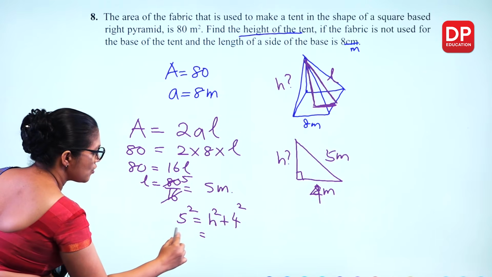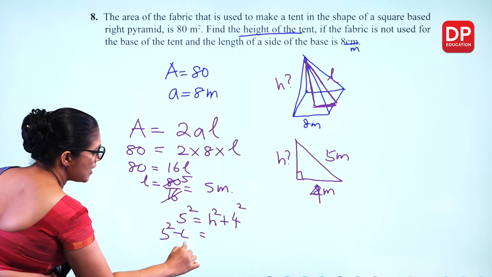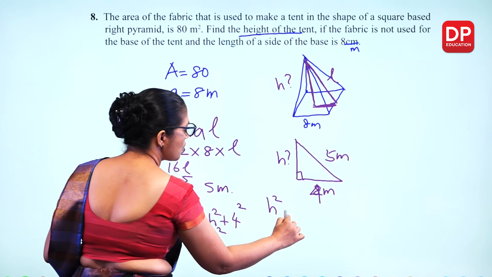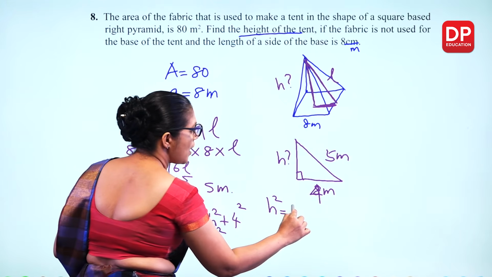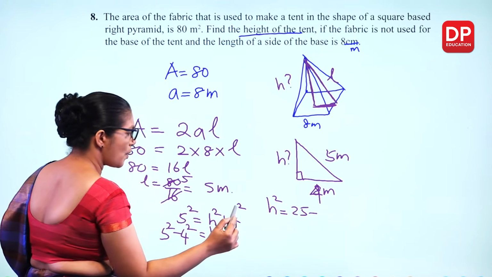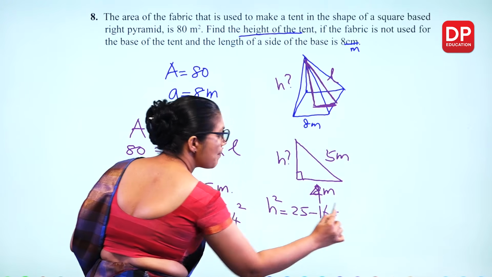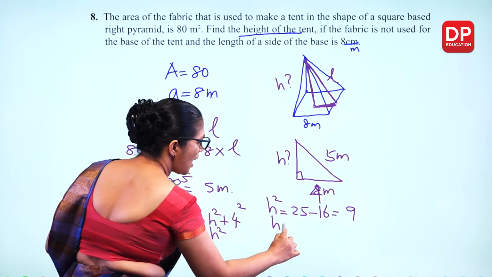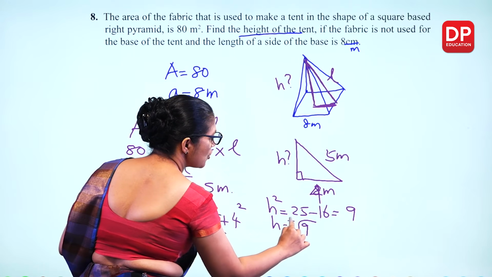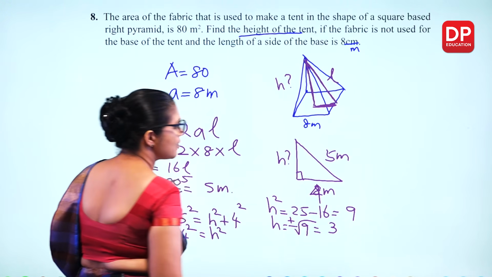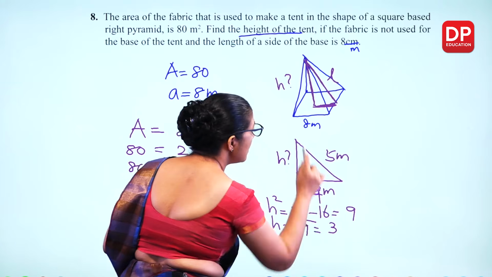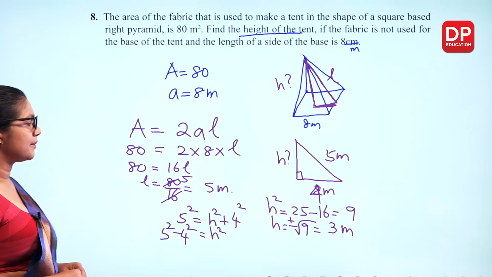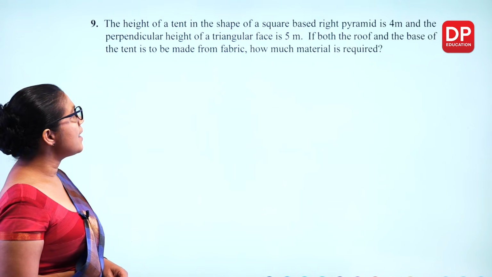Then take 4 squared to this side. 5 squared minus 4 squared is h squared. Then h squared is equal to 5 squared, which is 25, minus 4 squared, which is 16. 25 minus 16, you get 9. Square root of 9, what do you get? 3. So what's the height of the tent? 3 meters.